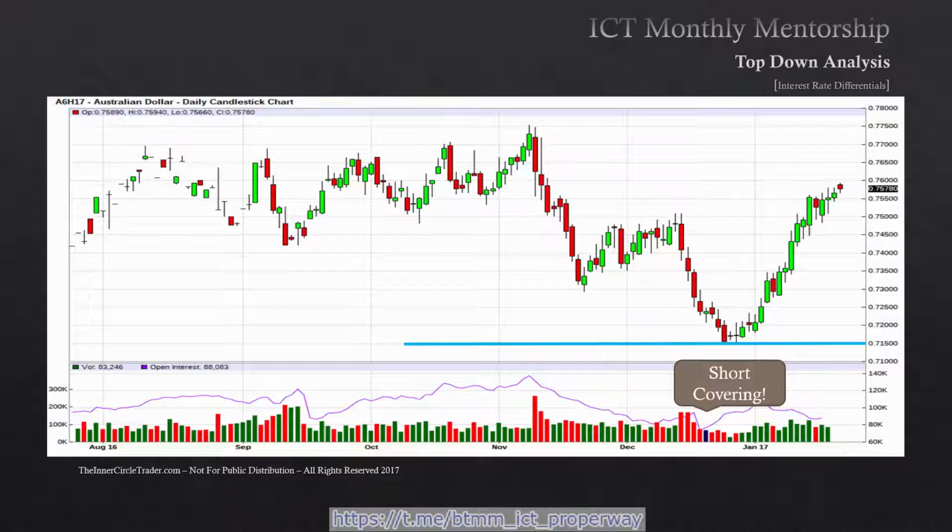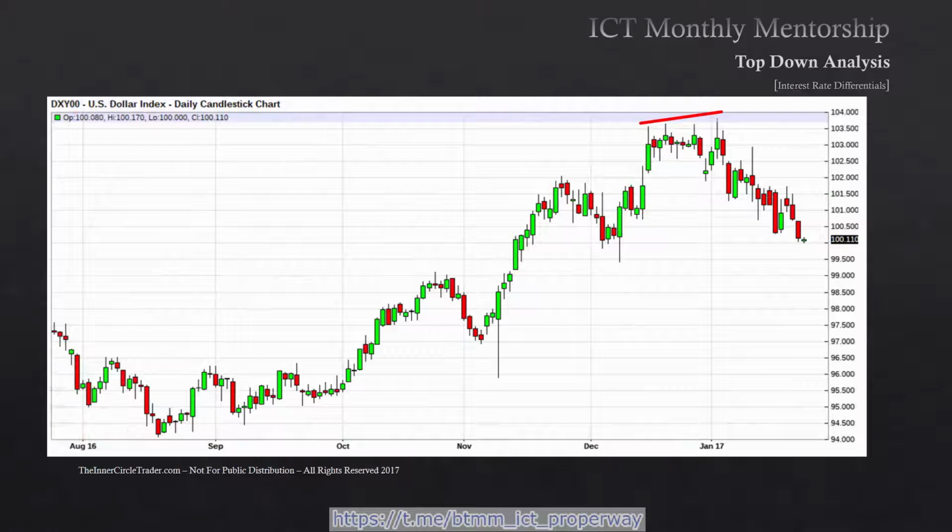By looking at these higher time frame interest rate yield scenarios, coupling it with high odds probability technicals, you get yourself in sync with the most significant price moves that are most likely going to surprise many of the neophyte traders. You can see also that we had a higher high in the dollar index when we failed to make a lower low in the Australian dollar.